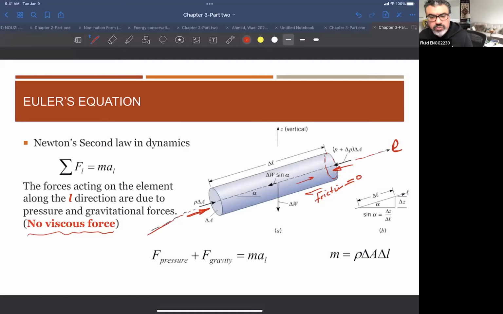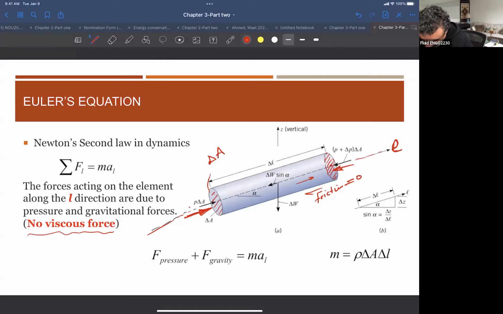If you remember, pressure always acts on an area, right? So when I'm talking about this area, the pressure acts inward, and on this area, the pressure also acts inward. If this element has a differential area dA, the pressure force will be the pressure times delta A.